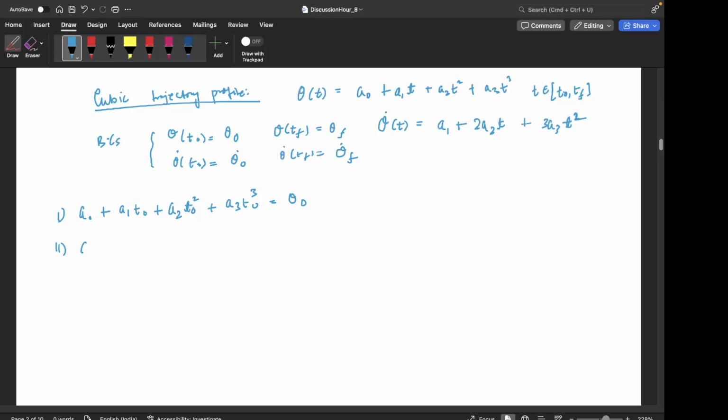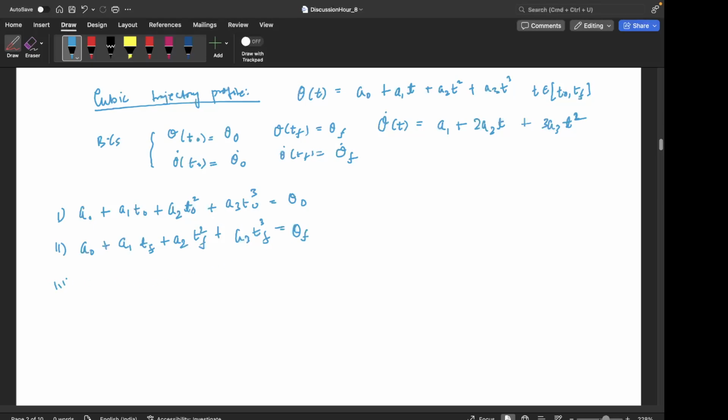Then we have a0 plus a1 tf plus a2 tf square plus a3 tf cube is equal to theta f.